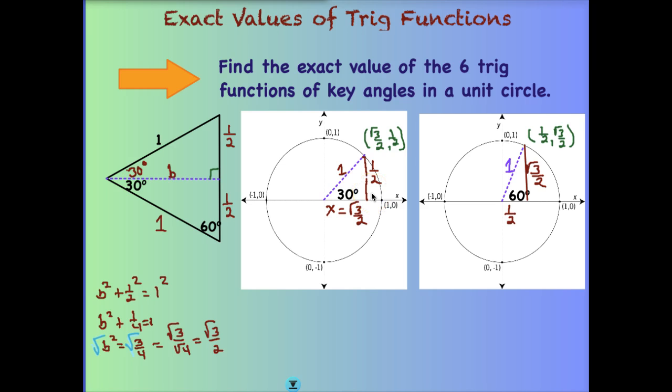So again, on your unit circle, if you have your blank one with you, you would fill in root 3 over 2 comma 1/2 for our 30-degree rotation, and you would fill in 1/2 comma root 3 over 2 for our 60-degree location. If I were to ask you what is the cosine of 30 degrees, you would easily be able to tell me that it was root 3 over 2.